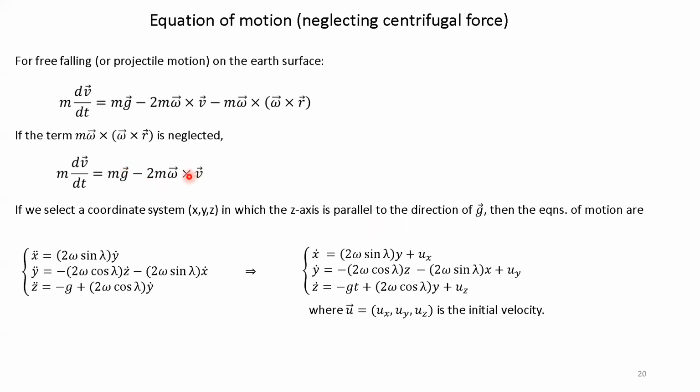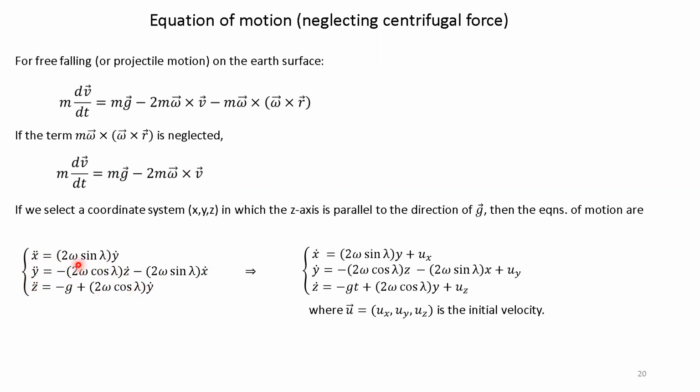If you substitute the explicit form of omega and v, you get these three equations. You can see that x double dot depends on y dot, y double dot depends on z dot and x dot, and z double dot depends on y dot.